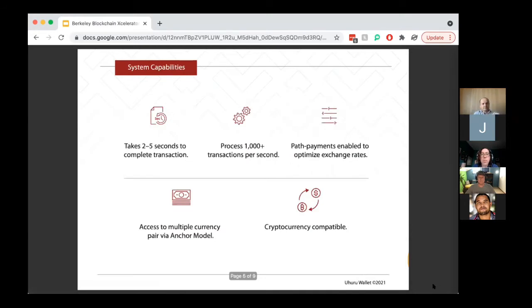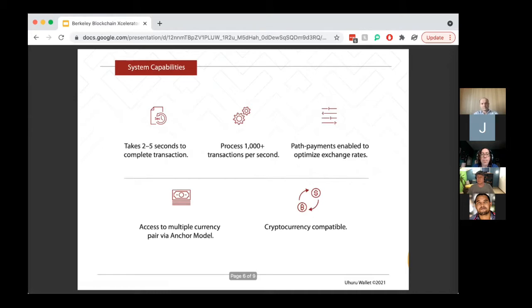And really, our system is so capable. Of course, Stellar enabled, it's capable of completing a transaction within 2 to 5 seconds, and we can do as many as 1,000 plus transactions per second.